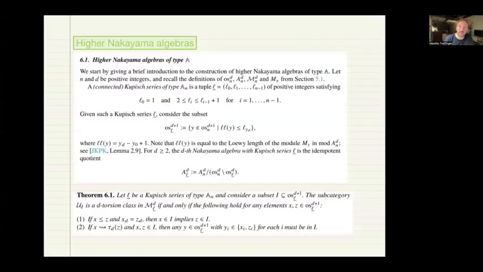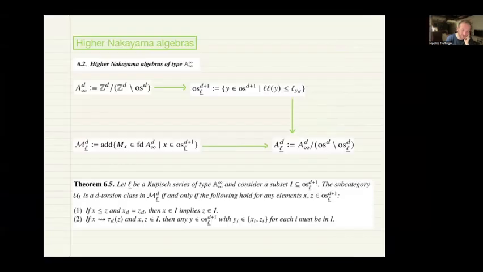Finally, I would like to mention that there are two other families of algebras that have cluster tilting subcategories which can be described combinatorially. These are higher Nakayama algebras, which come in two different types: type A, and for those we can also describe combinatorially higher torsion classes, and also higher Nakayama algebras of type A infinity.